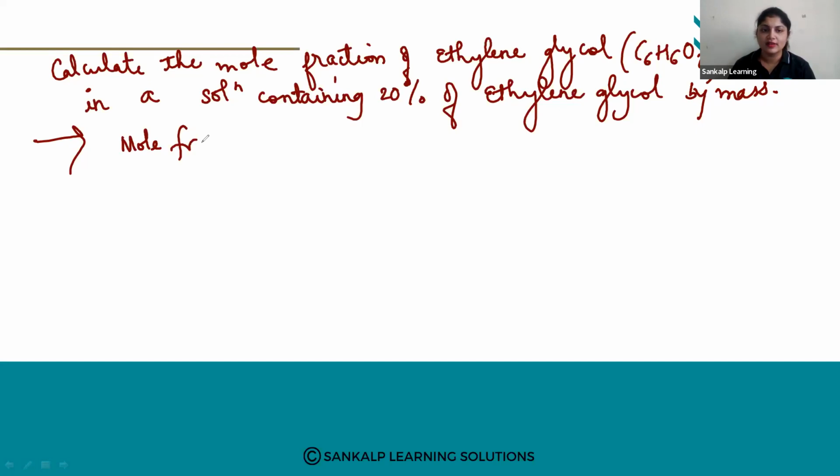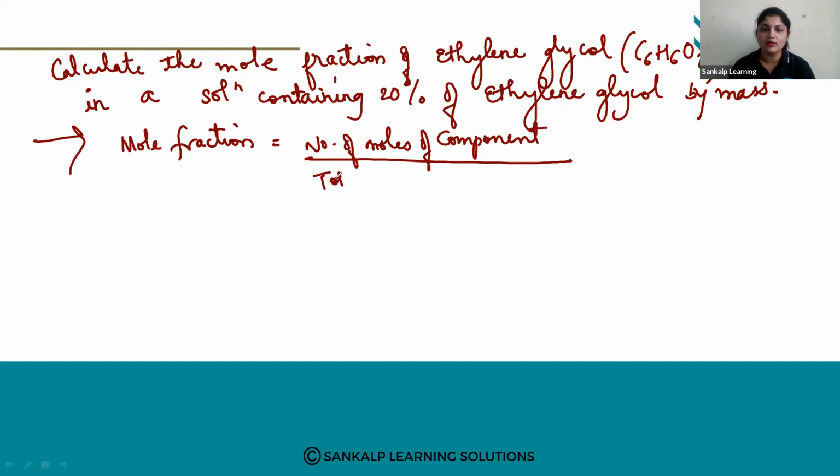Mole fraction of any component is the number of moles of the component divided by the total number of moles of all the components. This is the formula for calculating mole fraction.